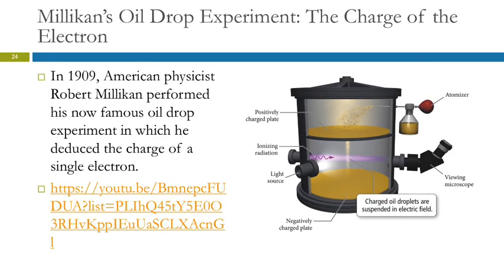So you've got gravity pulling them down, but you've got the electrical field holding them up, because the negatively charged particle is going to be attracted to the positive plate. So the electric field is pulling up, gravity is pulling down. And we've got a light source and a viewing microscope so that you can adjust this electrical field and get this particle to just be suspended in midair.